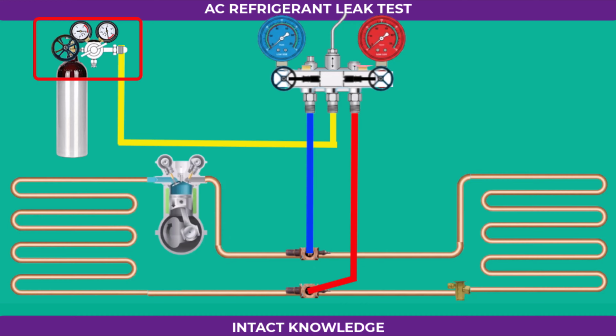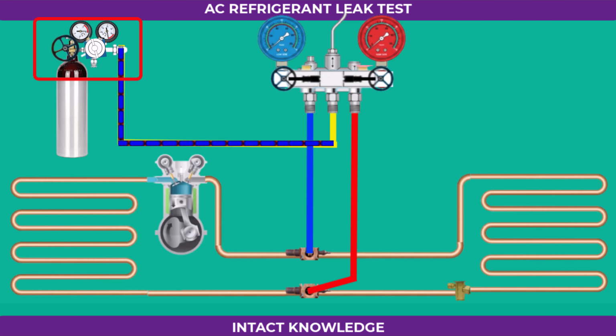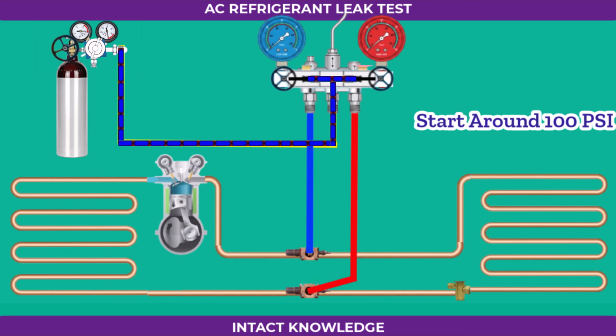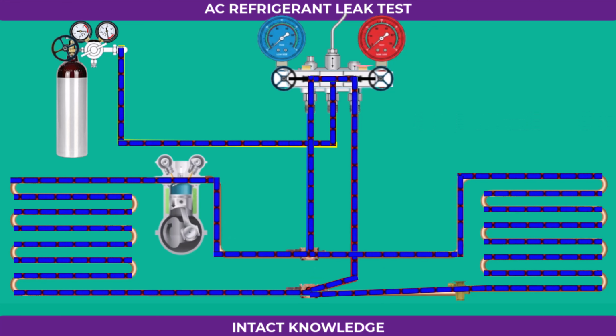Slowly open the cylinder valve and turn the regulator knob clockwise to begin adding pressure. Start around 100 psi and let it stabilize for a minute or two. Then increase the pressure gradually in small steps until you reach the target. Raising pressure slowly helps avoid stressing the system.